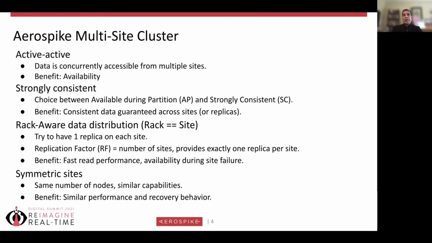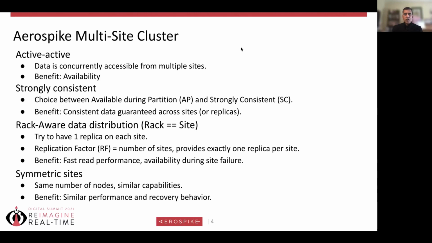And that makes a lot of difference in terms of read performance. Another benefit it accrues is even if you have a site failure, you have one or more copies of the entire data across other sites. So there will be other sites that have the data available. So availability during site failure is another benefit that is derived from rack-aware data distribution.